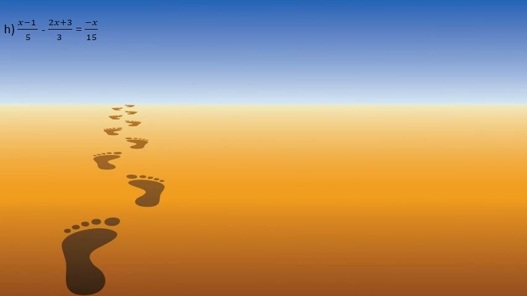Now to solve this equation, we should change the denominators to 15. So we multiply all this by 3 and we multiply all this by 5. Now we get 3 into x minus 1 over 15 minus 5 into 2x plus 3 over 15 equal to minus x over 15.